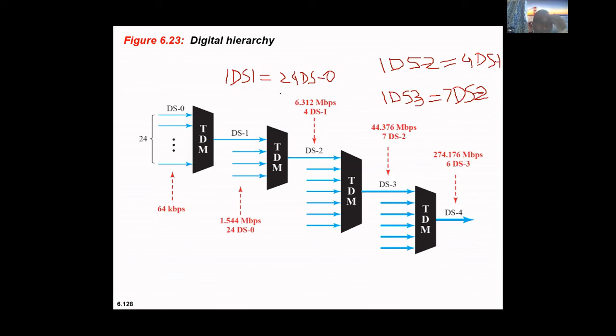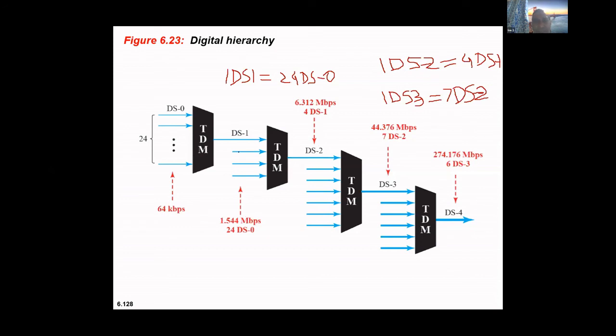So you can see here, 1 DS1 is 24 DS0. Then 1 DS2 is equal to 4 DS1. You got the idea?